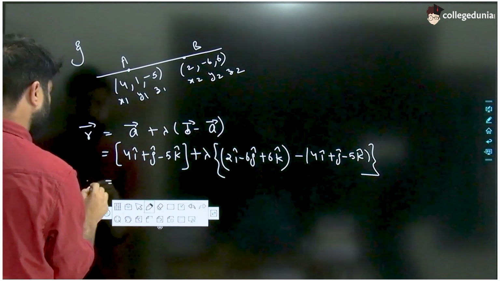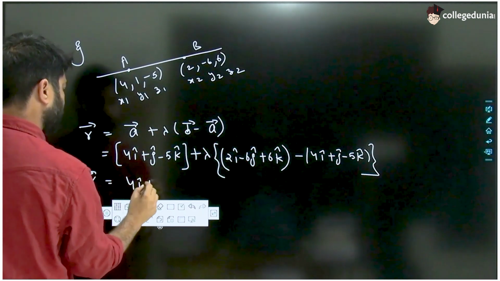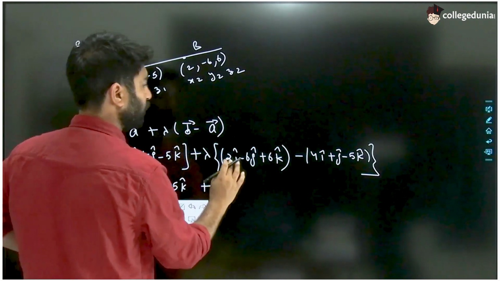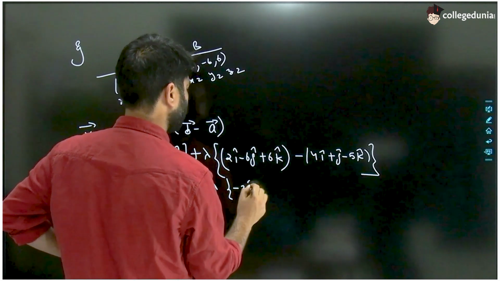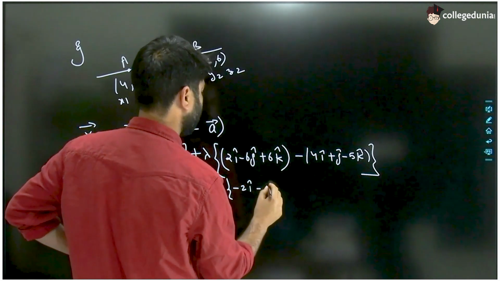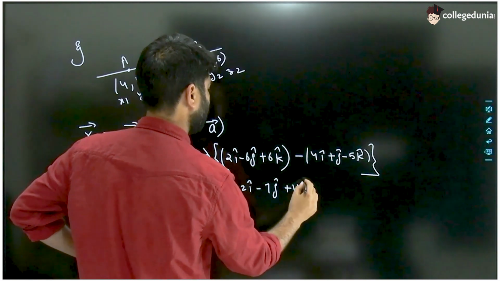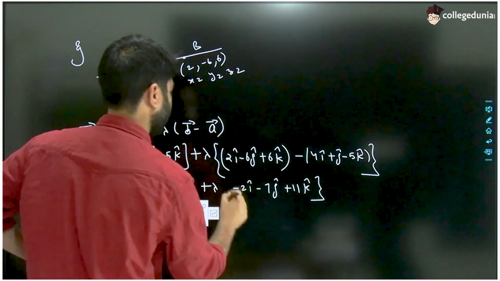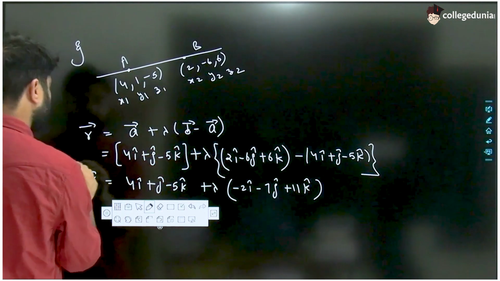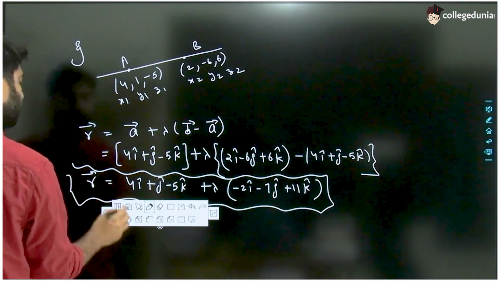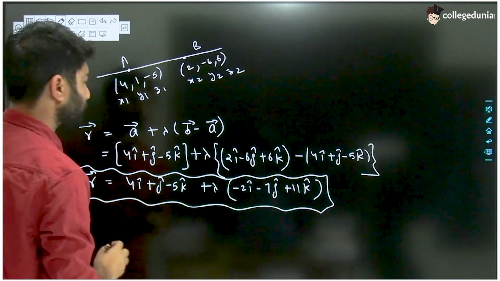So now this will become 4i plus j minus 5k plus lambda times (2i minus 4i, the answer is minus 2i, minus 3 minus 1, this is minus 4j, 6 plus 5, this is 11k). Guys, now this is the vector equation of a line. Now you can convert this equation into Cartesian form.